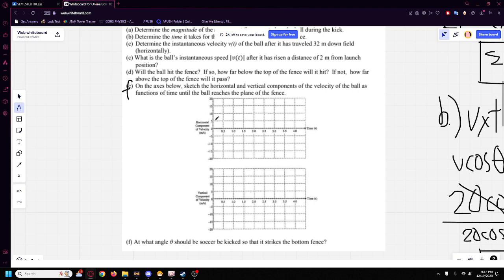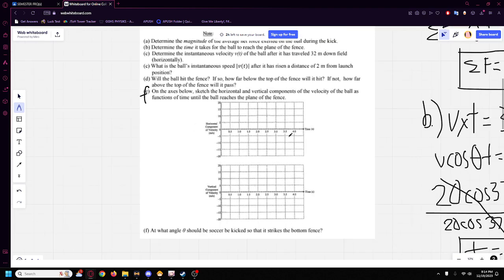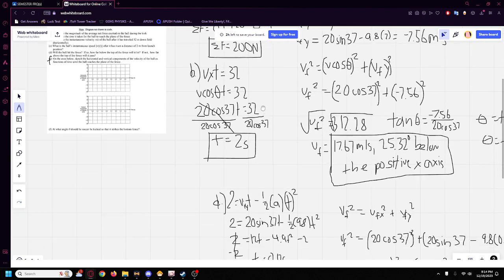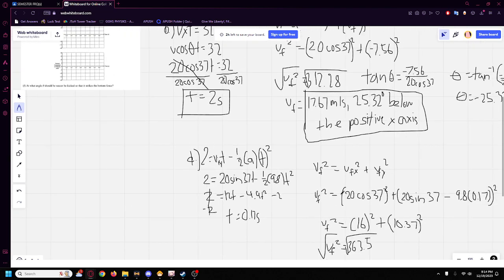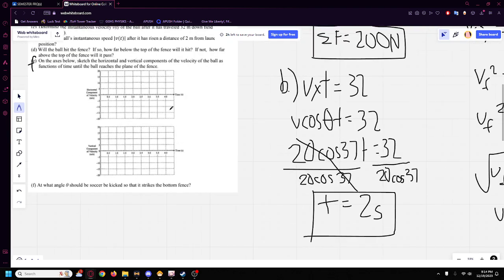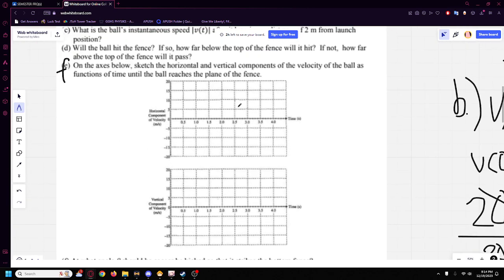So we need to graph vx and vy until 2 seconds. We know that v cosine theta is about 16. So we can draw a line about here, which is slightly above. It's supposed to be linear.